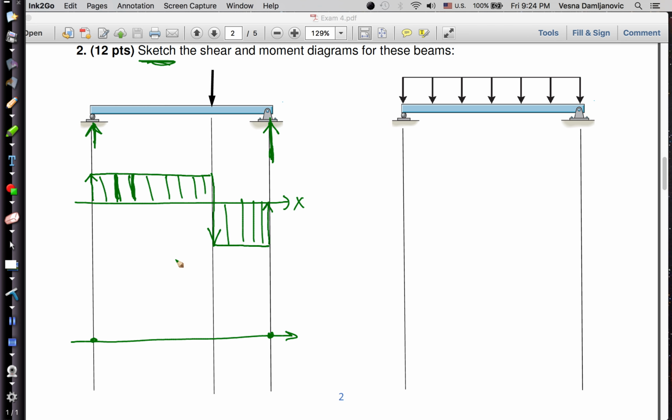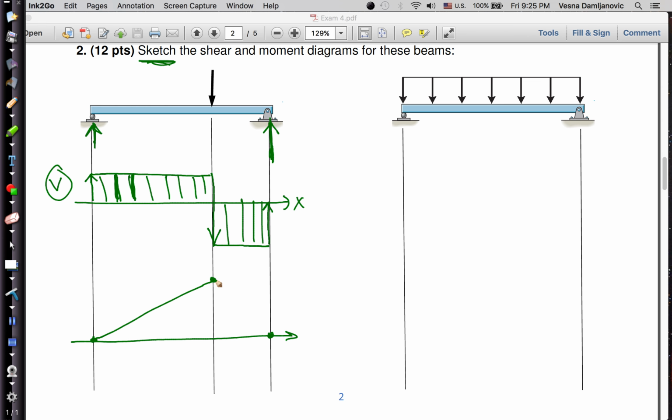It's constant, right? So if the shear is like that, the slope for the moment will be positive and constant, which means that we just have a big inclined straight line with a slope, okay?